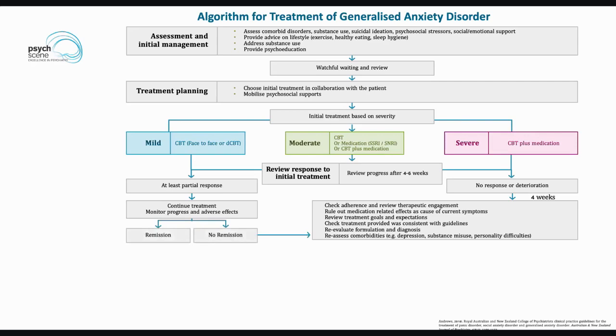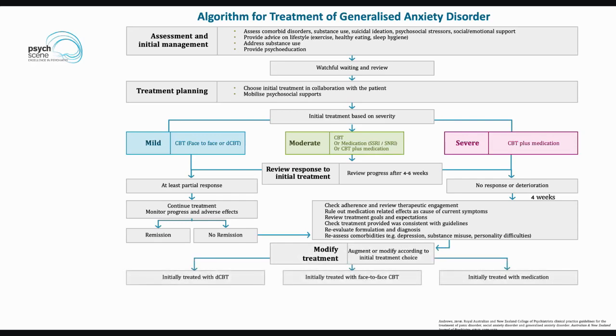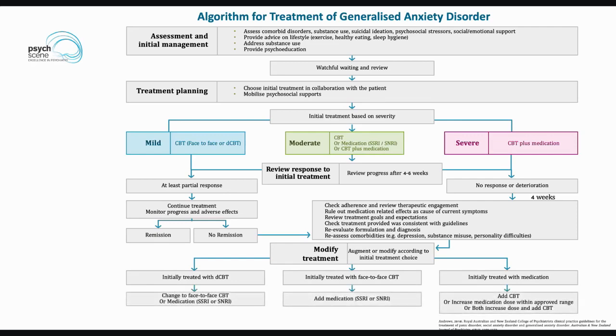Now, if during this phase they reach remission, well and good. If they don't reach remission, you'll continue doing some of the steps that were mentioned. But then we've got to modify treatment, because in about 4 to 6 weeks, if there hasn't been a good response, we want to take a few steps further. So what we would do is augmentation strategies or modification of the initial treatment. If they've been initially treated with digital CBT, then what you could do is change to face-to-face CBT or consider medication treatment, SSRI or SNRI.